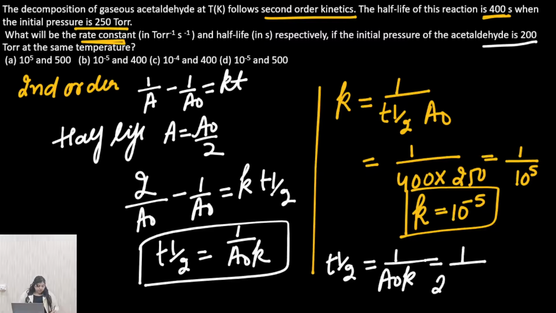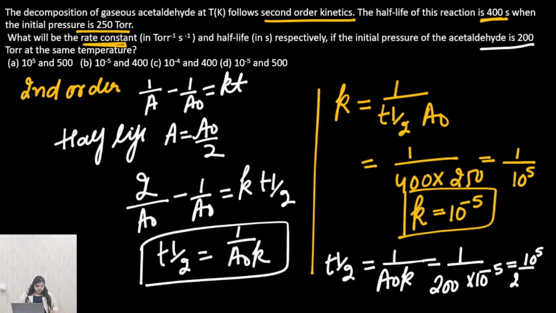Now the A naught value we have as 200 torr, and the K value we calculated as 10 raised to the power of minus 5. We calculate it as 10 raised to the power of 5 upon 200. So these two zeros cancel, 10 raised to the power of 3 into 0.5.